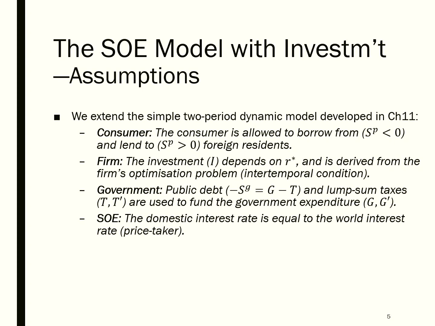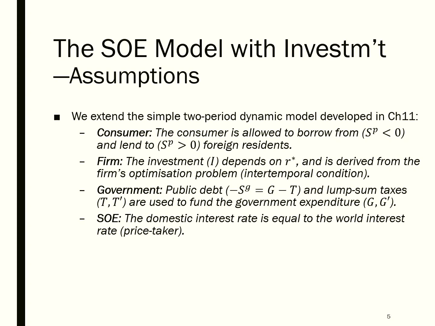The third is the government, which tries to make its ends meet. And the fourth is the rest of the world, which is big enough to the domestic economy to treat the interest rate as exogenous. Note that the second assumption on the firm is a little bit different from the previous simple small open economy model, because now we assume an endogenous investment.